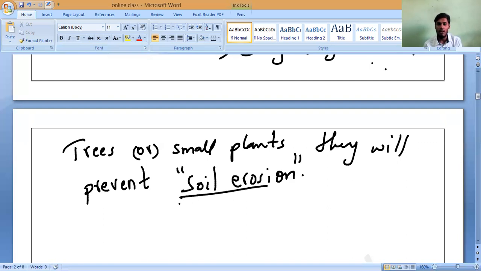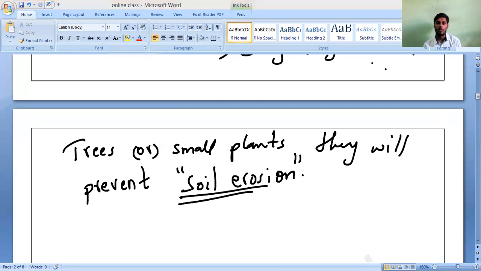Yes, sir. So what is happening exactly? That is what you should understand. The topsoil, which is fertile in nature, if no plants are there, will be washed away from one place to another, and the hard surface of the earth will come outside, which is not good for cultivating any kind of crops. That is called soil erosion.